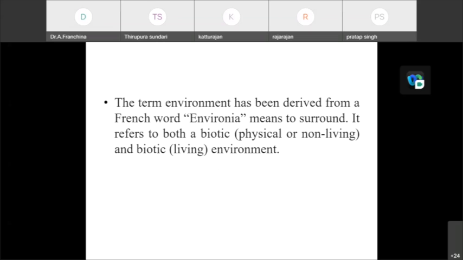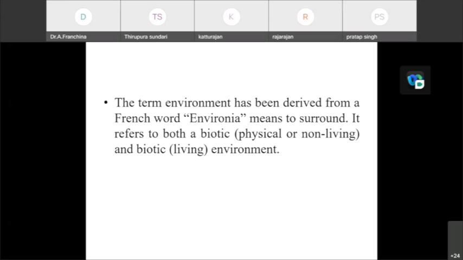Simply we can tell environment is a surrounding. The term environment has been derived from environ, which means surround. So what surrounds us, that is called environment.